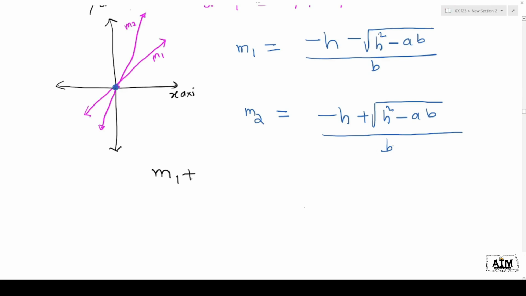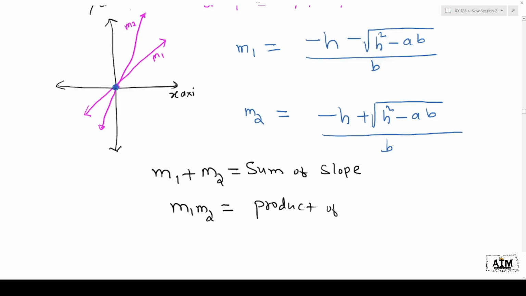Now m1 plus m2 is called the sum of the slopes, because you are adding m1 and m2, and m1 into m2 is the multiplication of the slopes, also called the product of the slopes.